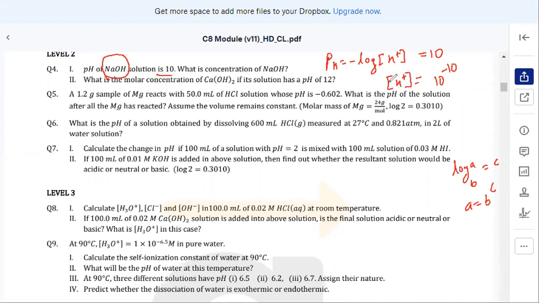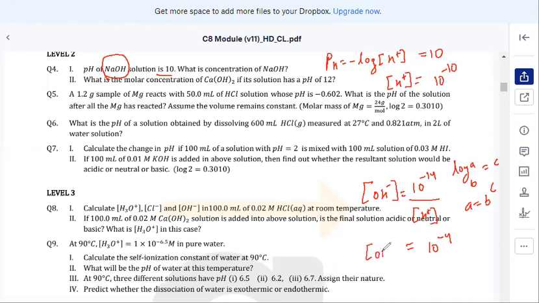Right, everyone? Anyone have any issues? Now we know that this is the concentration of H plus. So what is the concentration of OH minus? I hope all of you remember: concentration of OH minus is 10 to the power minus 14 by concentration of H plus. Yes or no? So this is equal to 10 to the power minus 4.